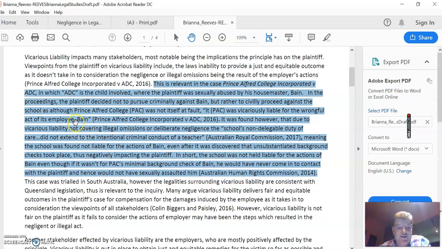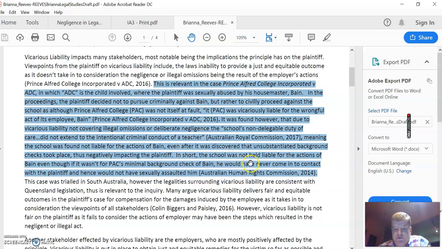It was found, however, that due to the vicarious liability not covering legal omissions or deliberate negligence, so that's the deliberately negligent act of the teacher, the school's non-delegable duty of care did not extend to the intentional criminal conduct of a teacher. So in this case, the school couldn't be sued for the sexual abuse by the housemaster.